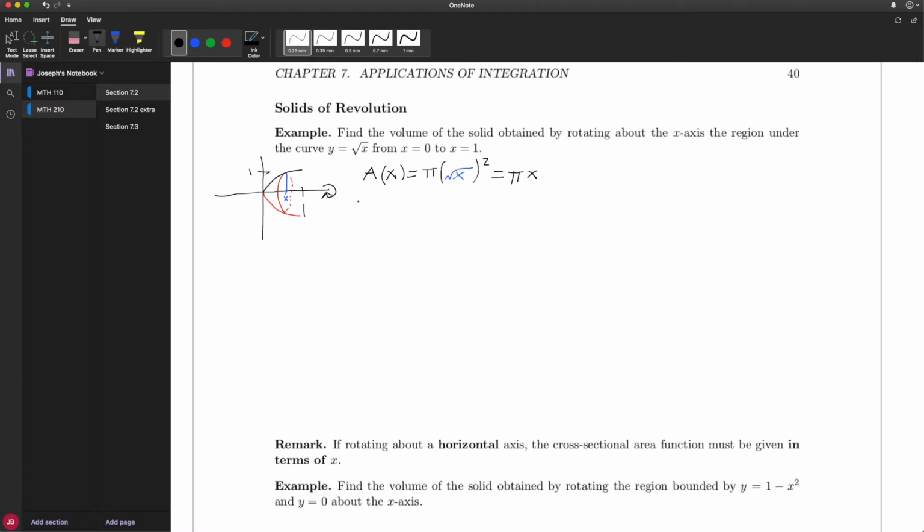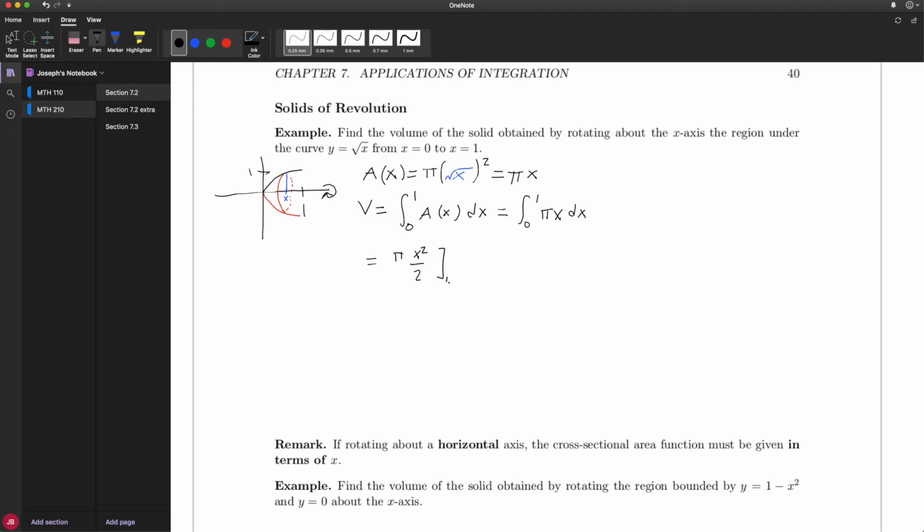And so that tells us now that the volume is equal to the integral from the x bounds of the region, which is 0 to 1, A of x dx. And so that's just, let's see here, integral 0 to 1, pi x dx, which, if we integrate it, is pi times x squared over 2.